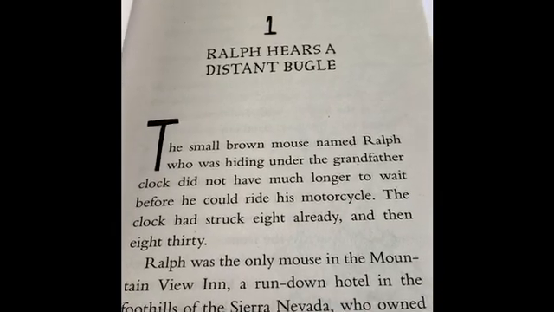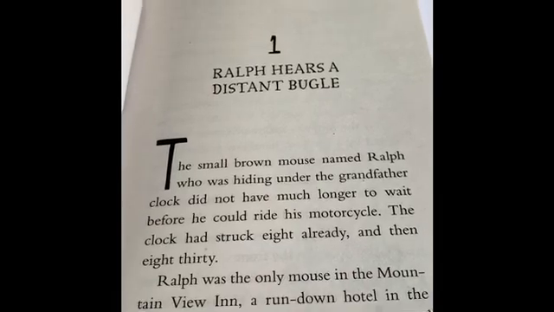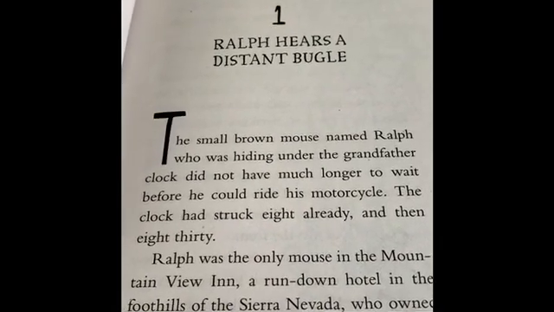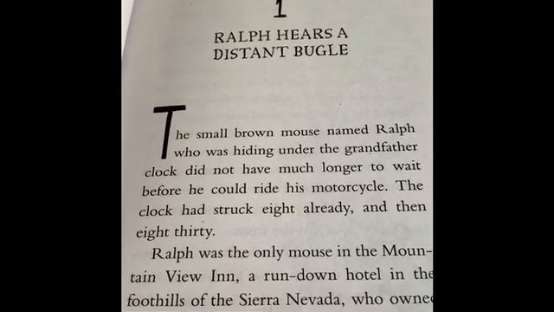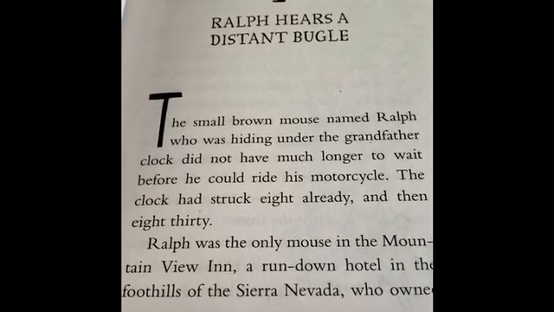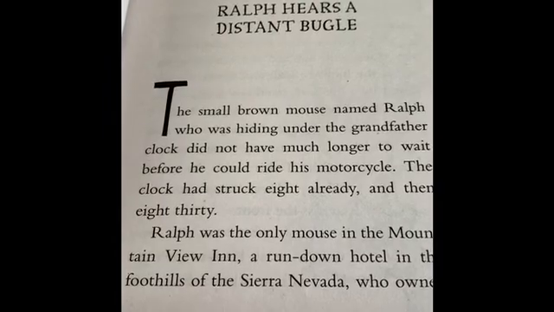A place called the Mountain View Inn. And it's located somewhere in the mountains called the Sierra Nevadas. And those are in California. So that's where our story will begin to take place.